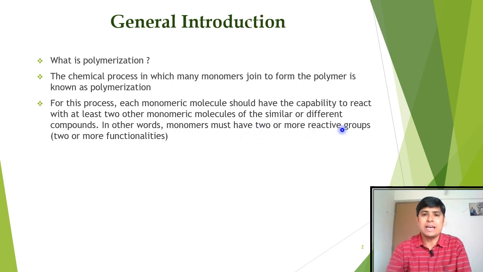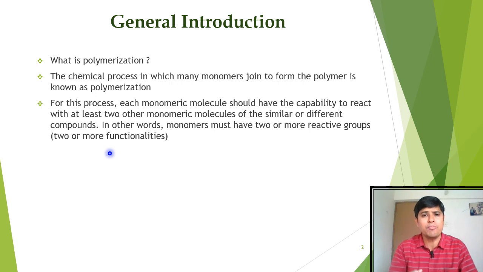For example, adipic acid, COOH (CH2)4 COOH, has two functionalities, a COOH group at both ends. Also hexamethylene diamine, NH2 (CH2)6 NH2, has two functionalities.